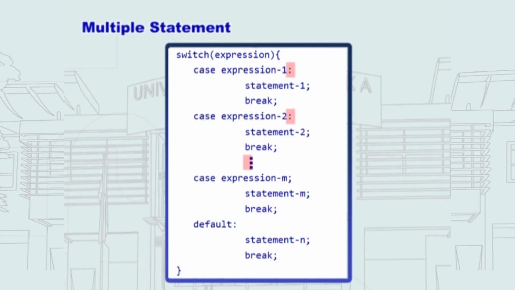It is a good practice to make indentation and leave some spaces for further statements. And finally, end each of the case with a break statement. The break statement is used to end the selection, and the whole control will move out from the switch structure.